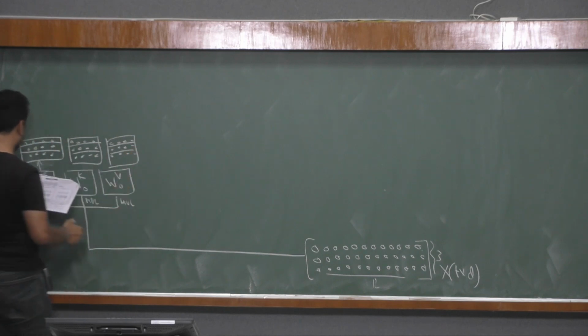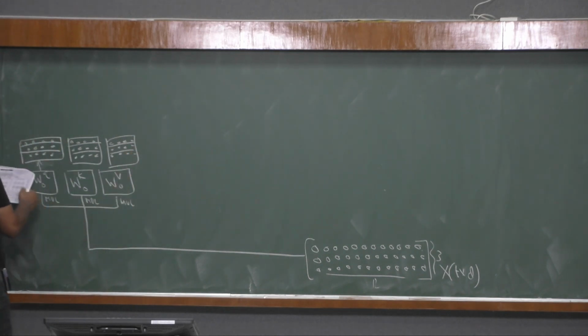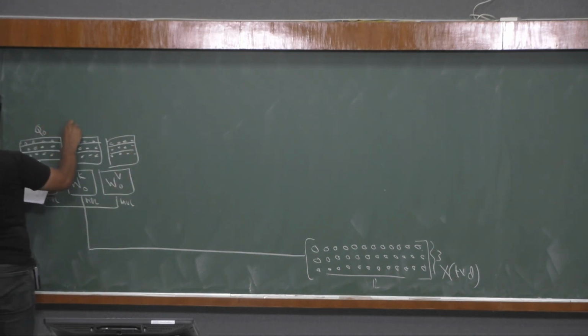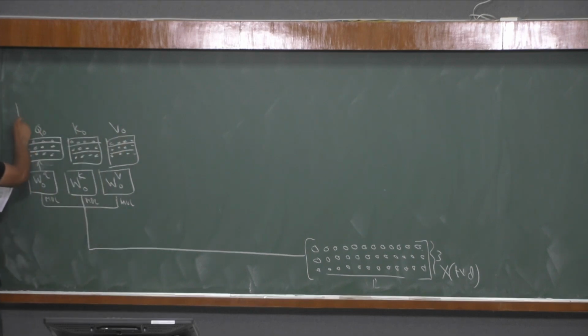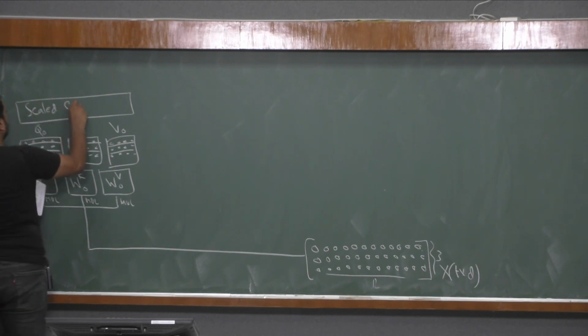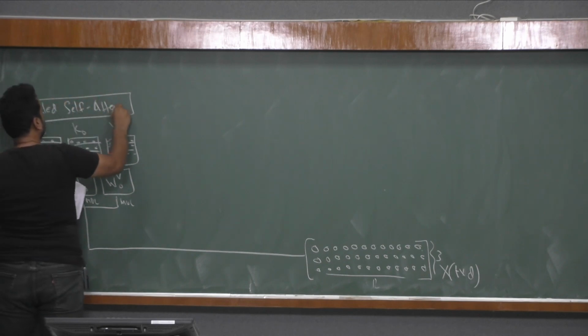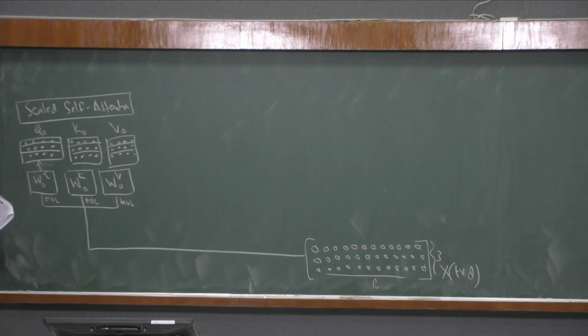Okay, so these are the query 0, key 0 and value 0 matrices that I get, and then using these I compute scaled self attention, like we did for the single head case just before this.